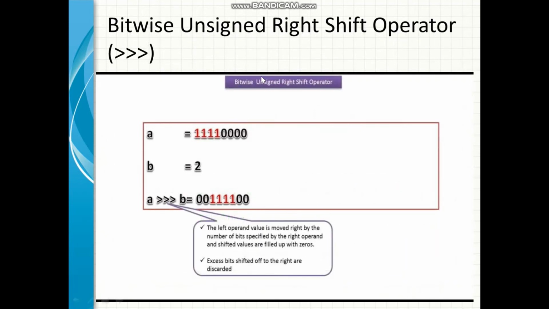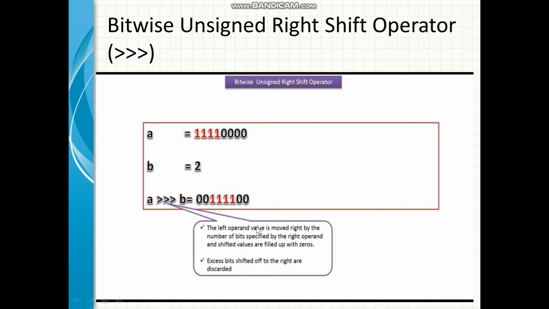So coming to the unsigned right shift operator, it is nothing but like you don't have a sign here, positive and negative. One excess bit will be shifted off to the right and discarded. This is the difference between right shift and unsigned right shift. This always takes zeros.